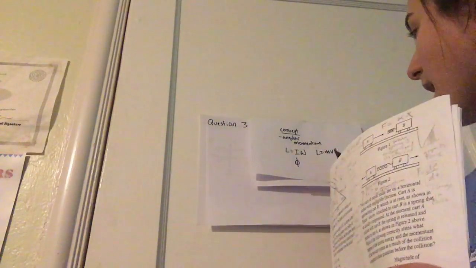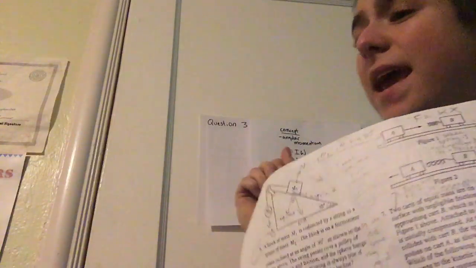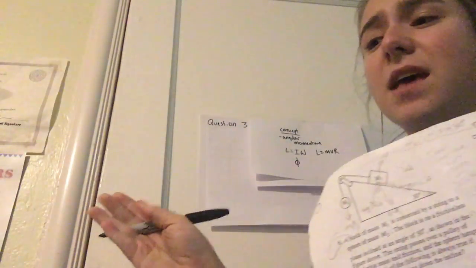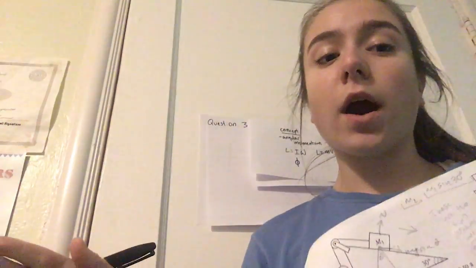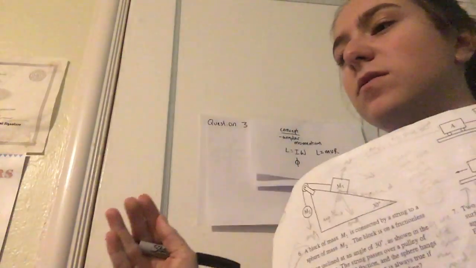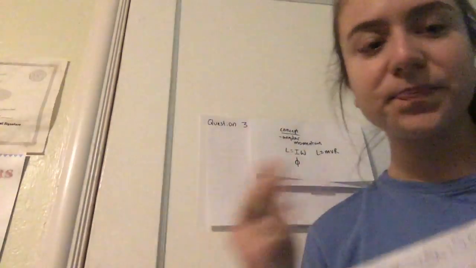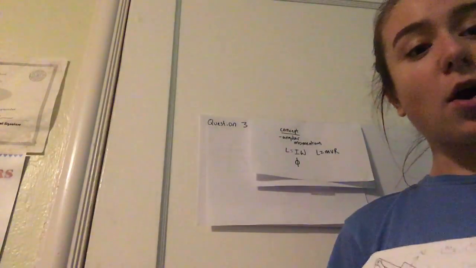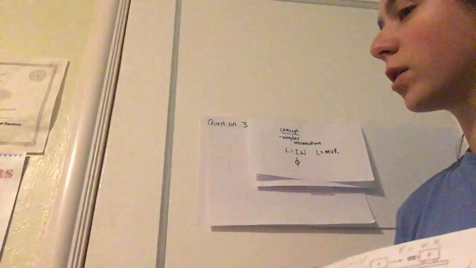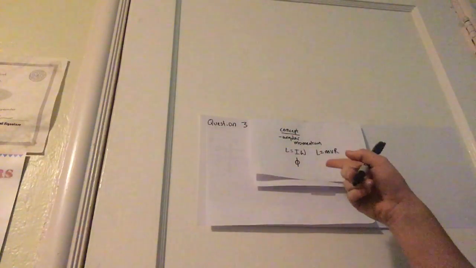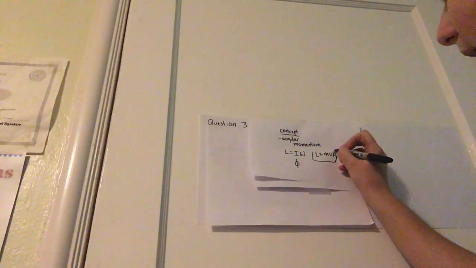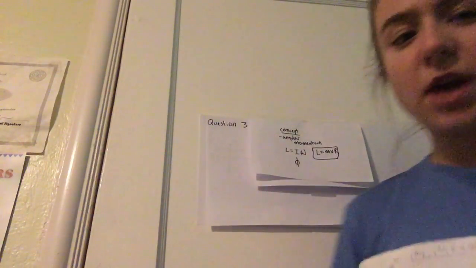The m stands for the mass, v is the velocity, and r is the radius, or how far the object is from what it's rotating around. In this problem, we are going to be using the angular momentum equals mvr type. So we'll circle that, but this is the other type.